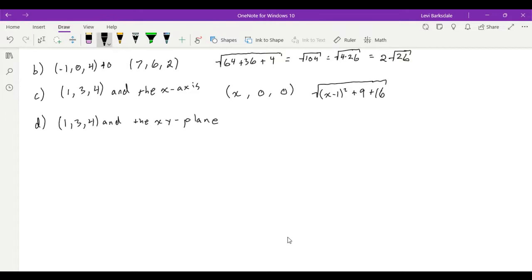Well, I want to make this number as small as possible. This part needs to be as small as possible. And the smallest I can get it is 0 because it's squared, so any negative would go to a positive. Well, then the smallest I could get it would be by plugging in x equals 1, because that is going to make this term equal to 0.